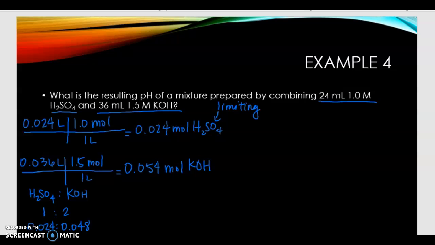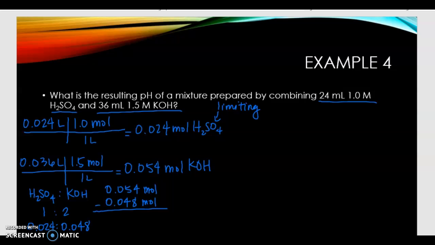And so we're going to use our numbers 0.048 and 0.054 to figure out how many moles of KOH are going to be left over. Since it takes 0.048 moles of KOH to neutralize this situation, we're going to subtract that amount from the total moles of potassium hydroxide that we had.